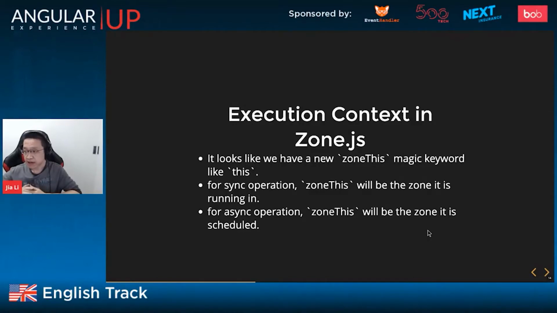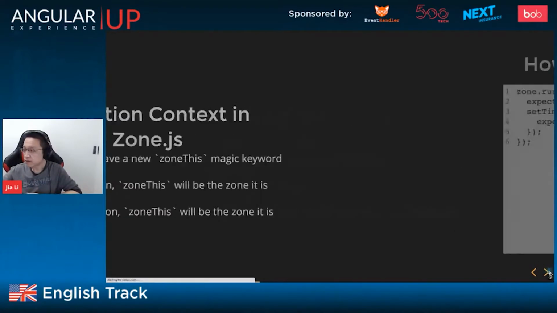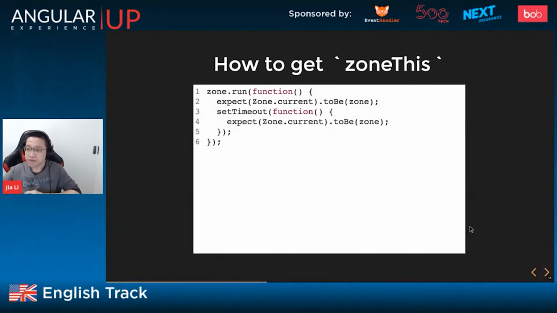It looks like we have a new zone this keyword. For synchronous operations, it will be the zone it is running in. For asynchronous operations, it will be the zone it was in when it was scheduled. Of course, we didn't really introduce a new JavaScript keyword, so to access this new zone execution context, you need to call Zone.current to get it.